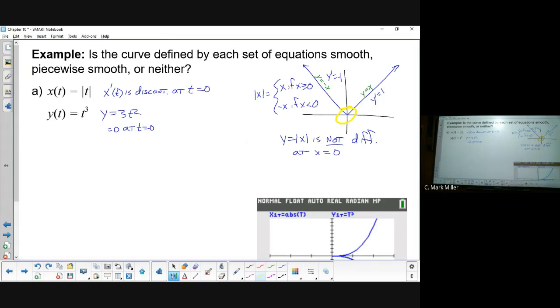And so we could define this piecewise. It's piecewise smooth, okay? Because from negative infinity up to 0, not including 0, it's smooth. And for t strictly greater than 0, it's smooth. So it is not smooth, it's piecewise smooth.